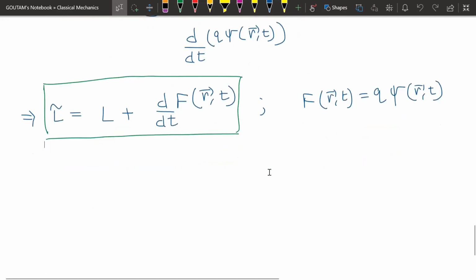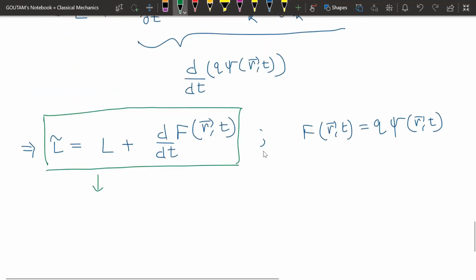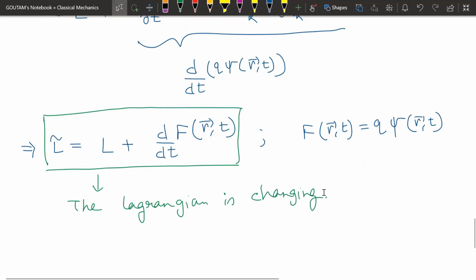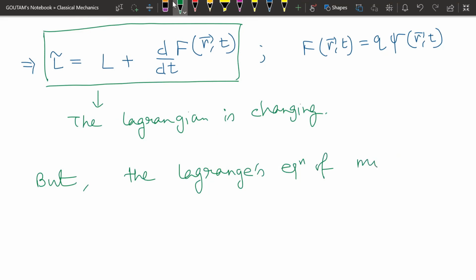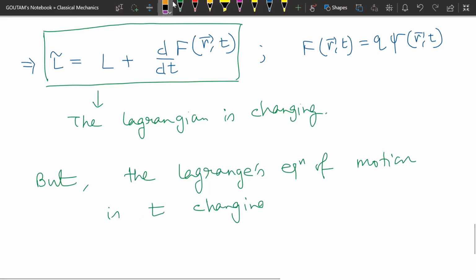So from there, we can easily conclude that though the Lagrangian is changing, the Lagrange's equation of motion is not changing, or is invariant under gauge transformation.